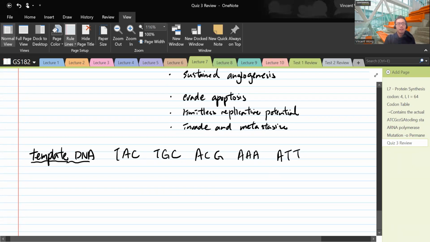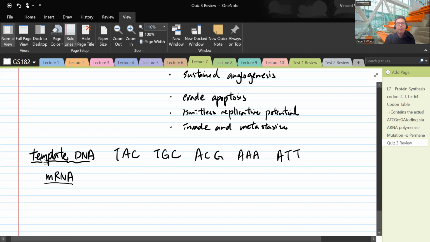If I give you that, what do you need to do? You need to find the mRNA. Amber already has the whole thing. Very good.